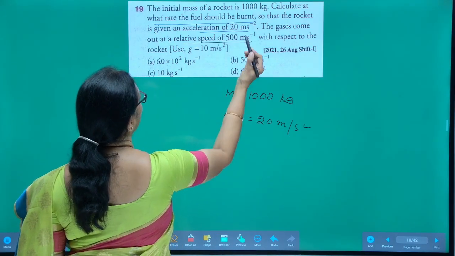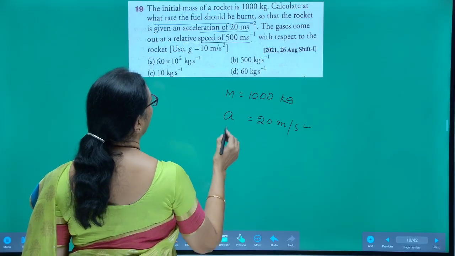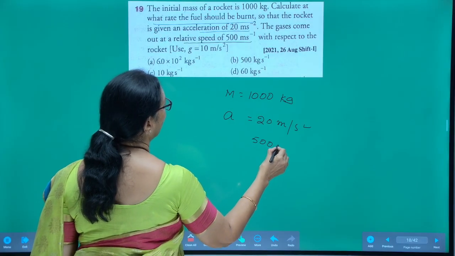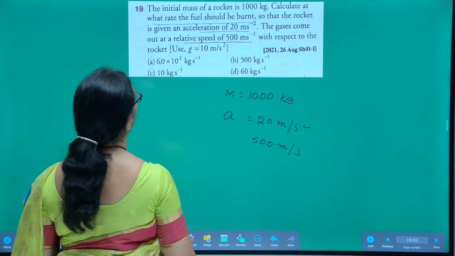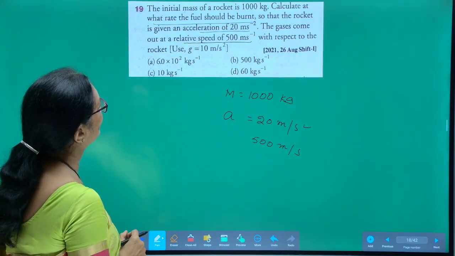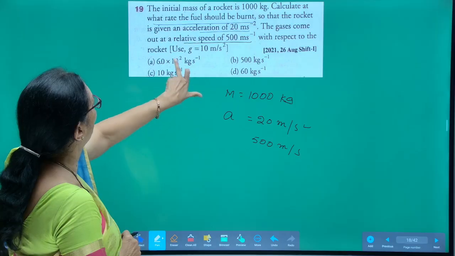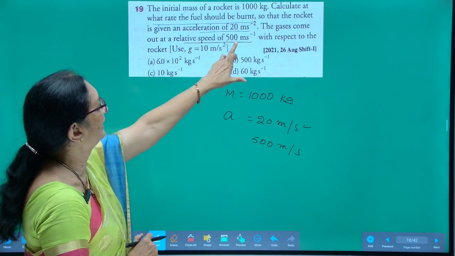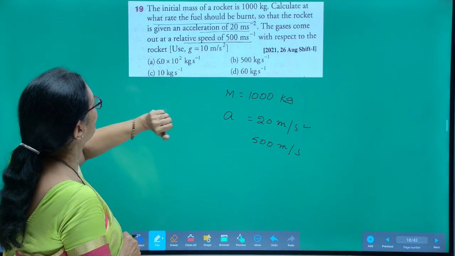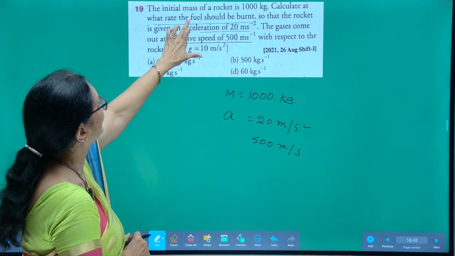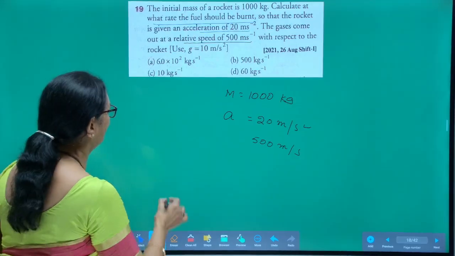Gases come out at a speed of 500 meter per second with respect to the rocket. So, what is asked? What is the rate at which fuel is burnt?